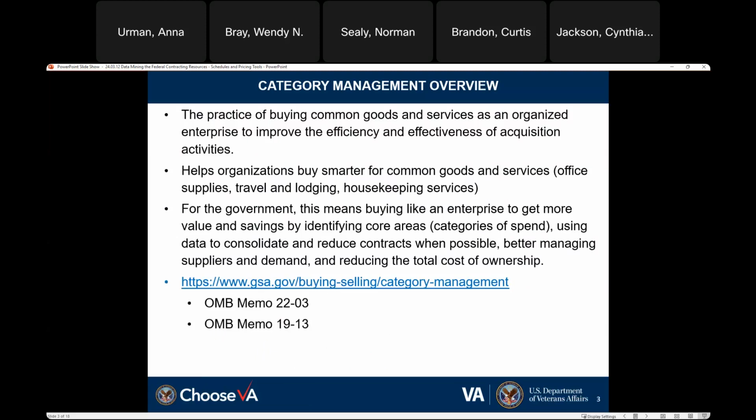For example, if we're to use another federal agency, instead of each office of the Social Security Administration, as you know, they're in every city, instead of each office buying their own printer paper and getting the retail prices for that printer paper, that organization may aggregate their demand. They may buy paper by a geographic area, let's say for the whole state, or even for the whole department, so that they could get volume discounts.